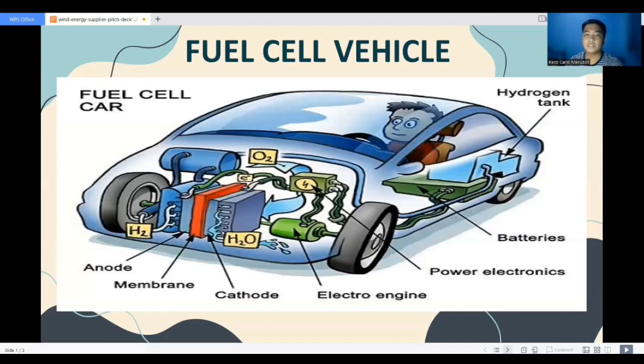Batteries provides the sap of electricity needed to put electrical components to work. And last is hydrogen tank. Hydrogen is pumped into the cell through a flow plate.